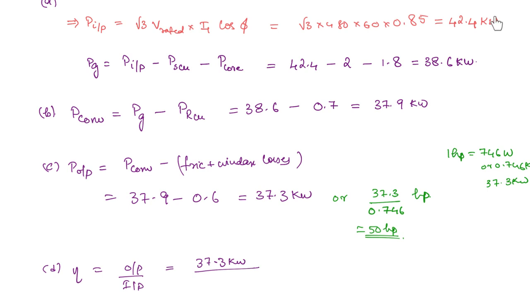We got it to be 42.4 kilowatt. Okay. So 42.4 kilowatt. So this, if you calculate, you're going to get 87.9 percentage. Okay. Remember to make sure that these units are same. Don't take the horsepower here and kilowatt here.